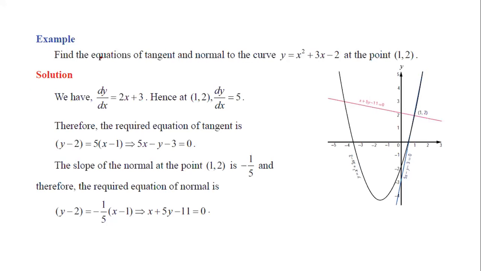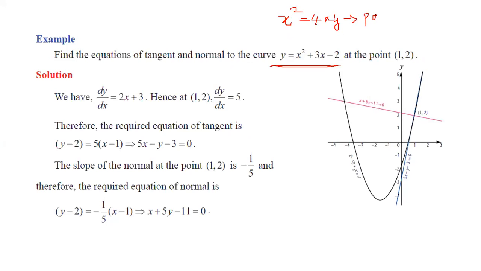See the example. Find the equation of the tangent and normal to the curve y equal to x square plus 3x minus 2 at the point 1 comma 2. Now, first we have to identify what kind of equation this is. It is in the format of x square equal to 4ay.